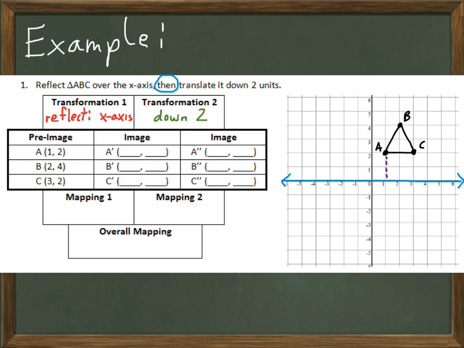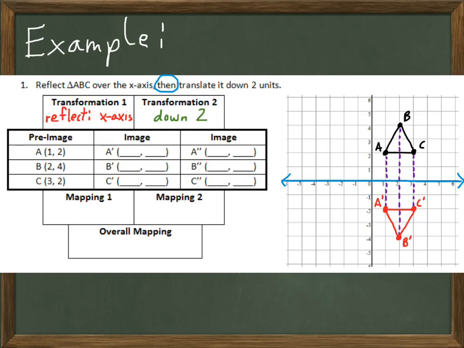So A is 2 away from the x-axis above it, so I need to put it 2 below. C is also 2 above it, so it will go 2 below. B is 4 above the axis, so it will appear 4 below. Okay, so there's my new triangle. I've added the primes, so A prime, B prime, and C prime, to note that that's the new triangle.